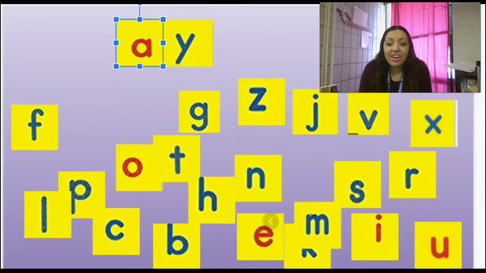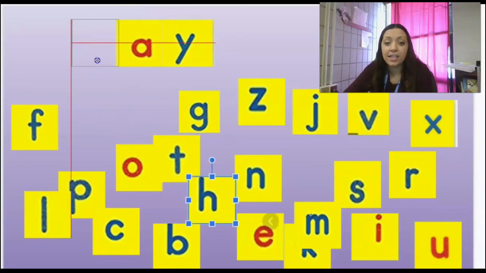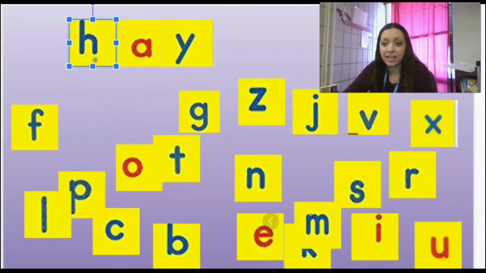All right, so I've gone ahead and pulled up our new vowel digraph of the day, AY, and we learned that AY is at the end of words, so we're going to practice putting some sounds at the beginning to make words, okay? So if I pull the letter H in front of that AY, what word would that be? Hey, very good, hey.